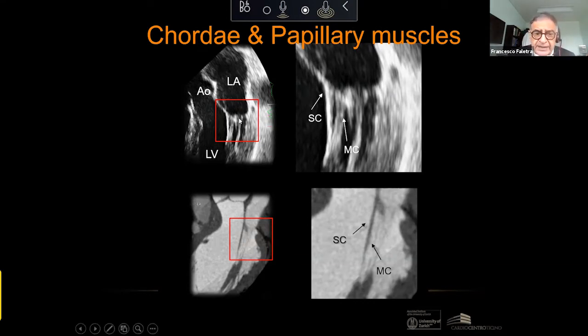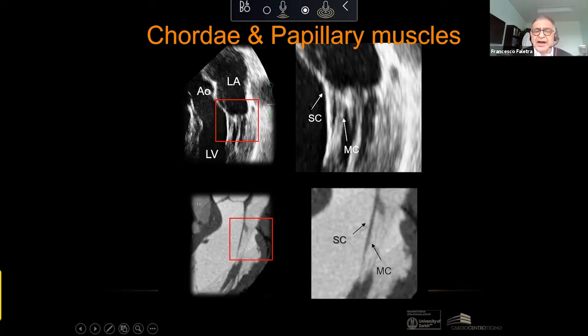What we know is that when you cut the strut chordae, for example during cardiac surgery for mitral valve replacement, the longitudinal shortening of the left ventricle worsens. So the strut chordae are a kind of connection between the mitral valve and the left ventricle. And why are they so thick?